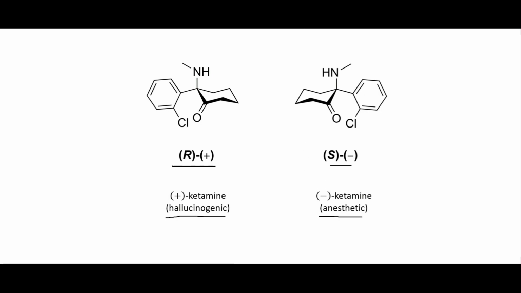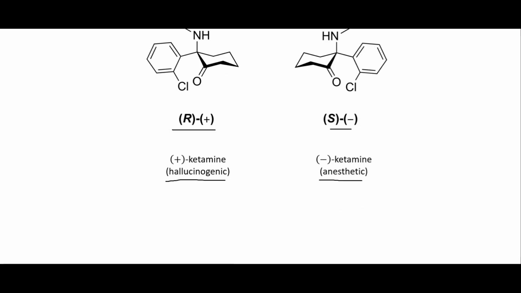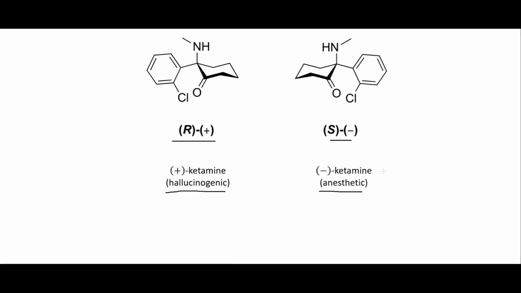And so that's why you get the effect that ketamine gives you. But yeah, again, this is showing that biology interacts with these different enantiomers differently, and therefore the fact that there are enantiomers is more important than just an interesting curiosity. This has real world effects.